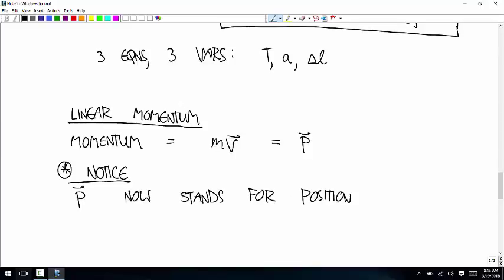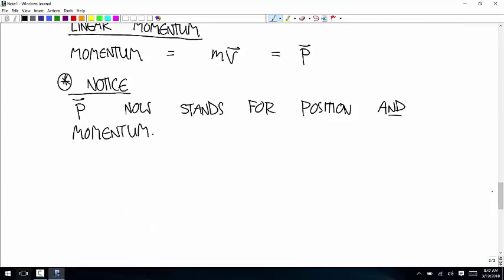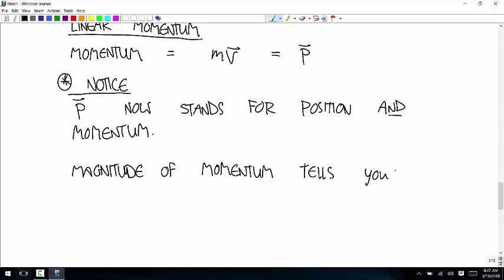And so you have to be clear in a problem about which one it's talking about. So if you think about the mass times the velocity, you can think of the magnitude of momentum as telling you how much it would hurt if something ran into you.